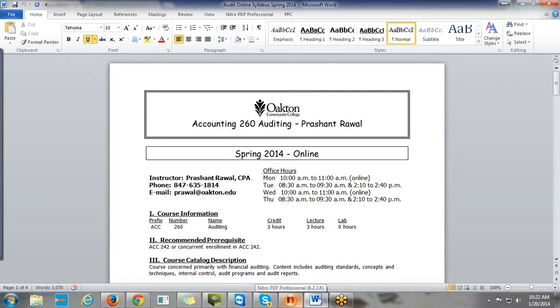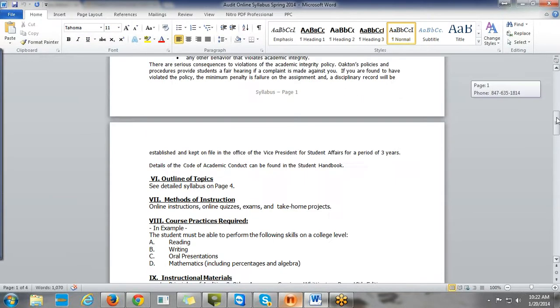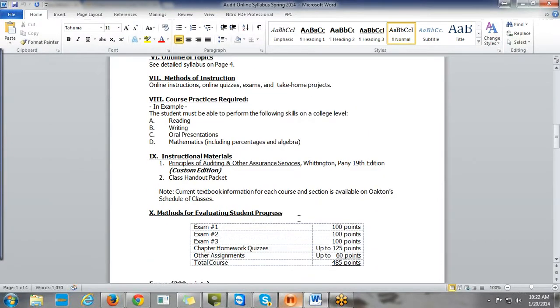Moving forward for this class, first let's talk about the textbook and the prerequisites. They have been given to you right over here. As far as the textbooks are concerned, it is a custom edition that you will only find in the bookstore, the 19th edition of Whittington Penny. Sometimes I get questions, can I buy this online?